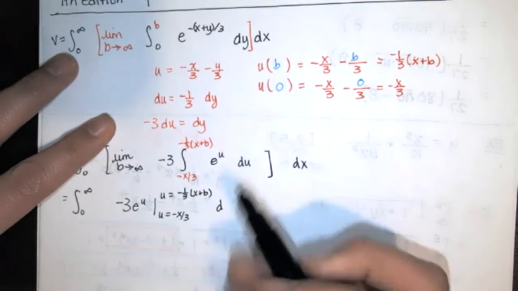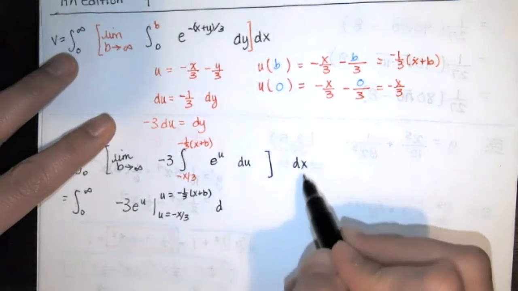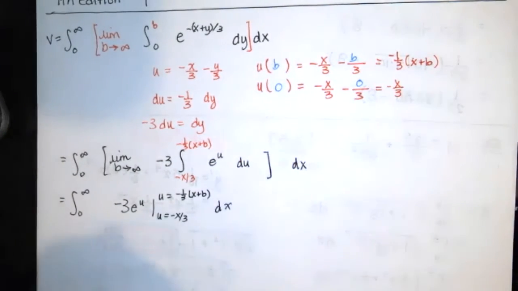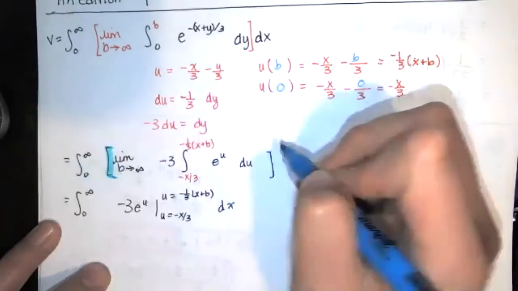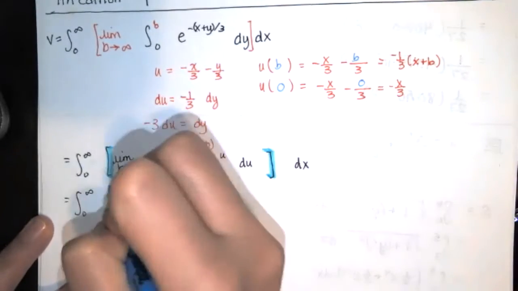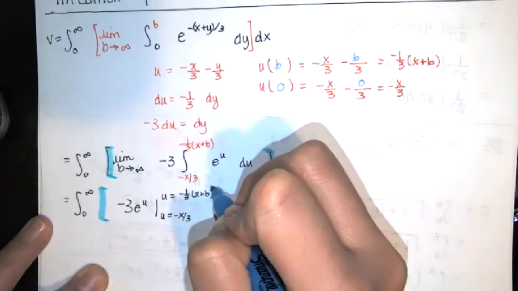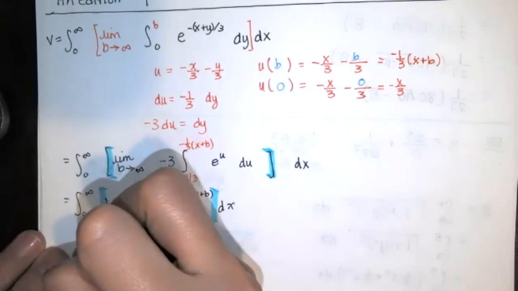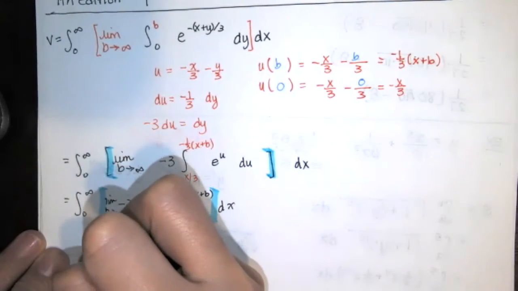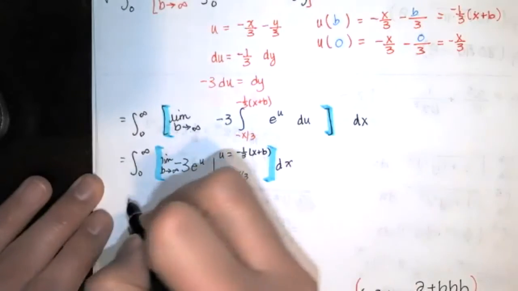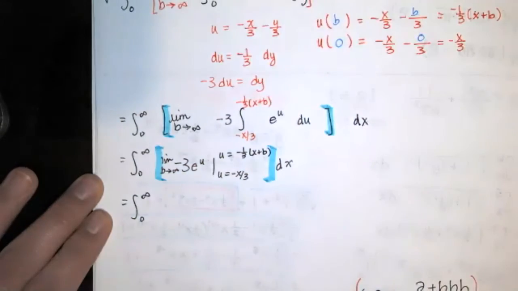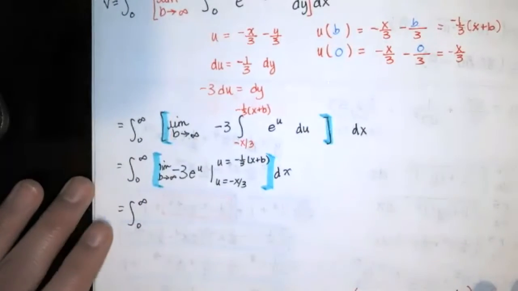We've already integrated with respect to u, so that du is gone, and then this dx comes down. So all of this in brackets is represented here, except I forgot to write that limit as b goes to infinity out front. That's really important. It needs to be there. The outside is doing nothing really for us. We're just bringing it down to keep everything equal to that volume that we're trying to find.